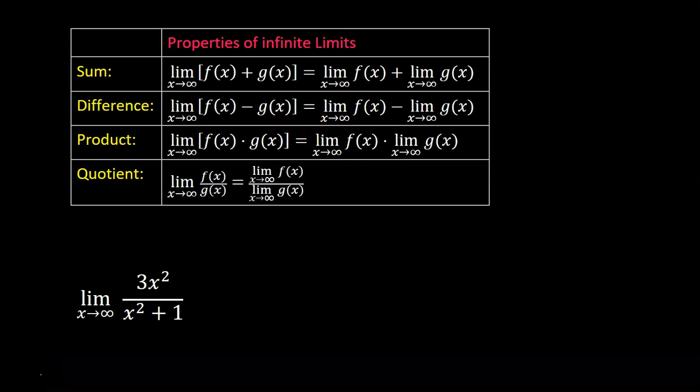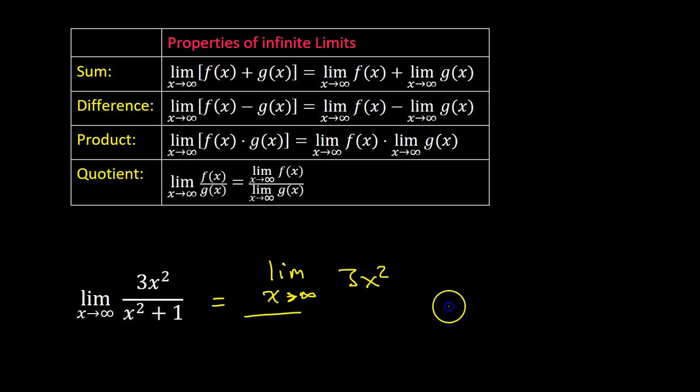Great, so this should be pretty easy then, right? It seems like I can just take the limit as x approaches infinity of 3x squared and divide that by the limit as x approaches infinity of x squared plus 1.